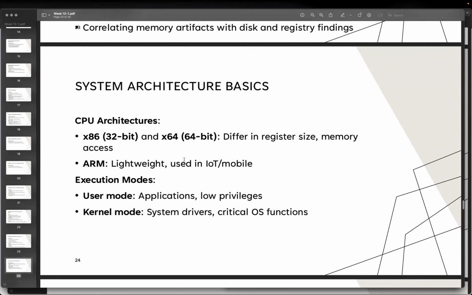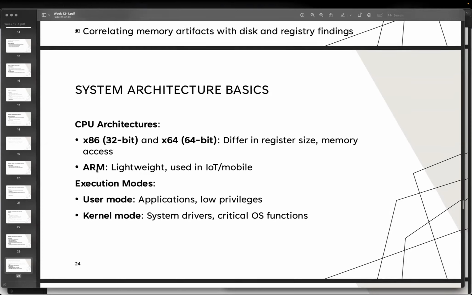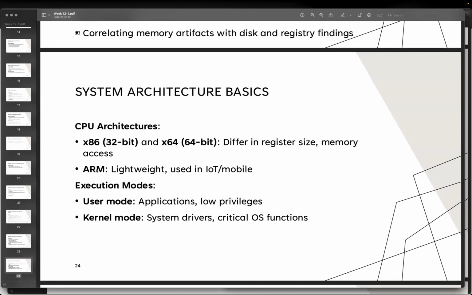And if we compare to ARM, nowadays, like the Apple M series, the M1, M2, M3, M4, or some IoT devices and tablets, they are using ARM. So when the architecture of the CPU changes, then the way they execute changes.